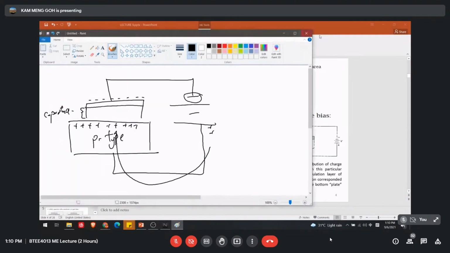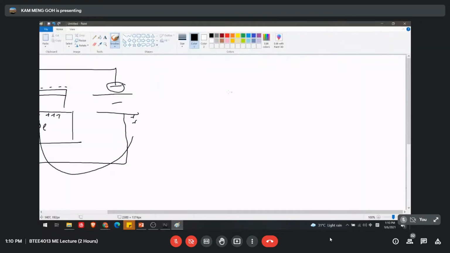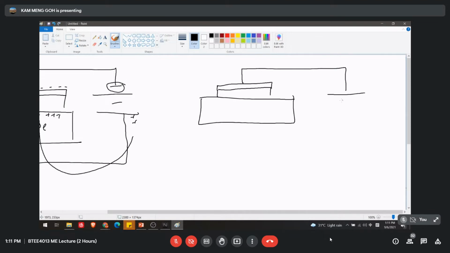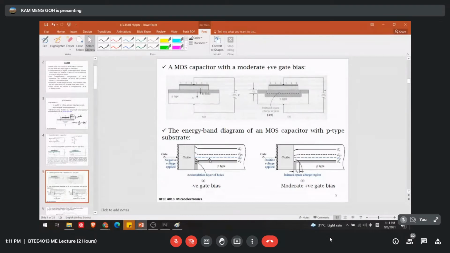But you might be wondering, what happens if I connect in the reverse way? Let's say I draw it again: positive, negative, positive, negative. What happens in this case?